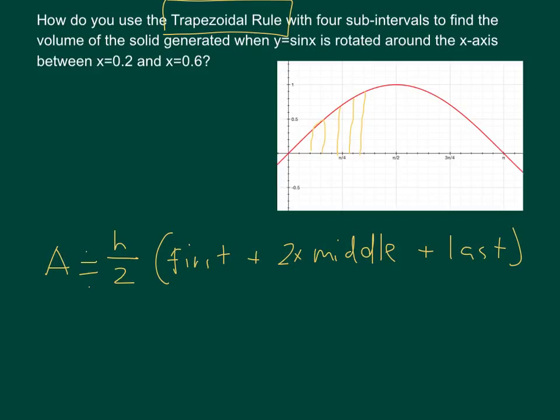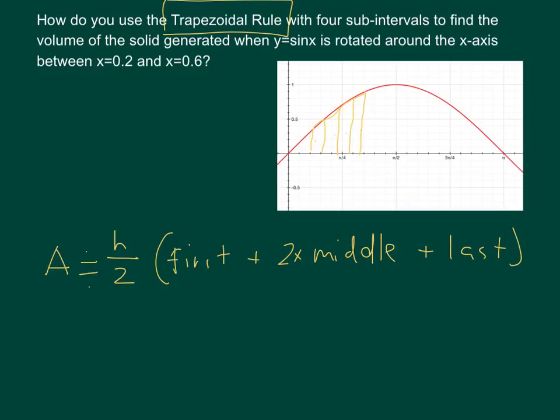Now it's an approximation because it can't actually follow that curve perfectly. It actually forms straight lines there. Now by adding together those 4 trapeziums, we get an approximation of the area. The more trapeziums we have for the same length, the more accurate our answer is.